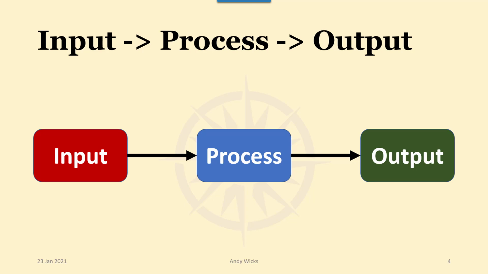The output is there so that you know what has happened as a result of this process. If there's no output, why do the process? So you need all three steps to get any sort of useful work out of your computer program. You need to have input, process, and output. And that's the basis of functional programming.